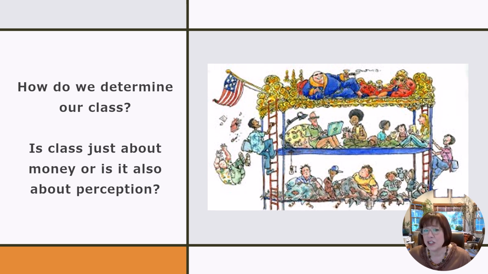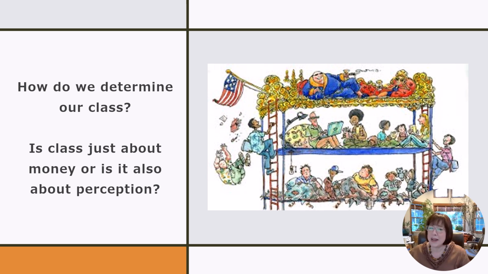Because class distinctions are not always clear-cut, it helps to reflect on various factors such as your parents' education, the type of jobs they held, whether it was manual labor or professional, whether your family income was earned or inherited, your housing situation, whether owning, renting, or public housing, and access to health care and so many other things.